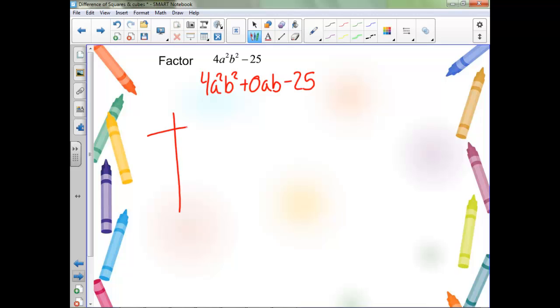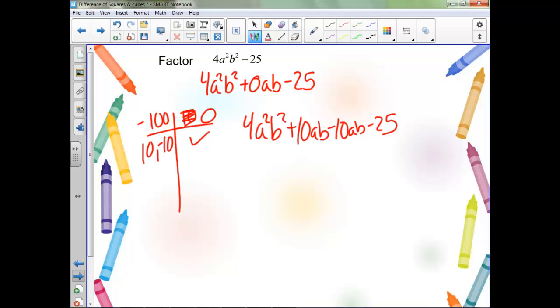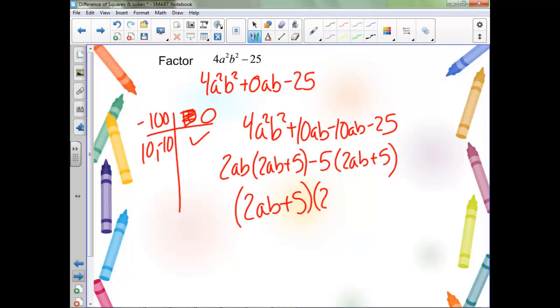We want to multiply to negative 100 and add to 0. So 10 and negative 10. And there we go.